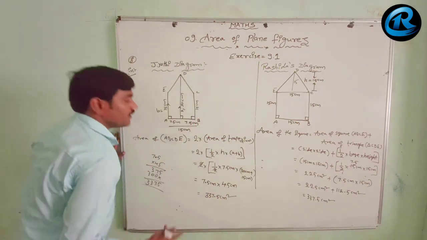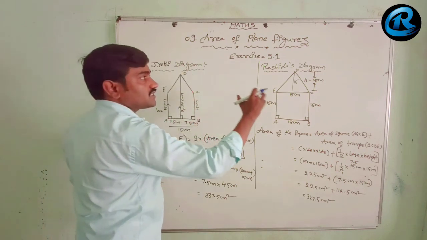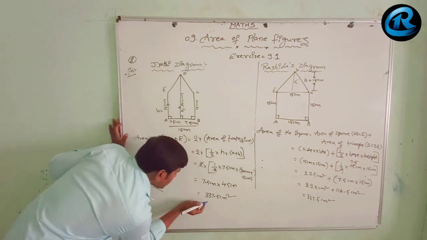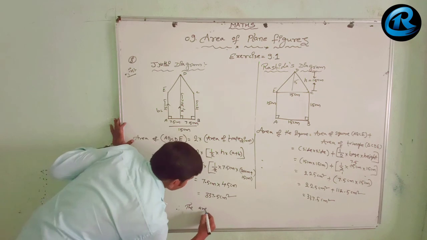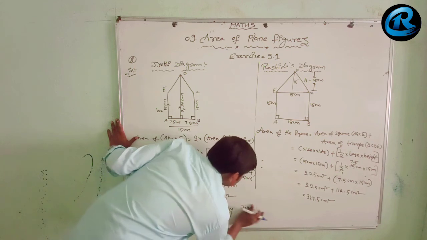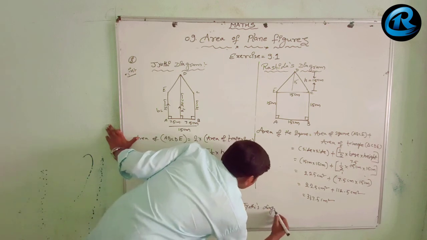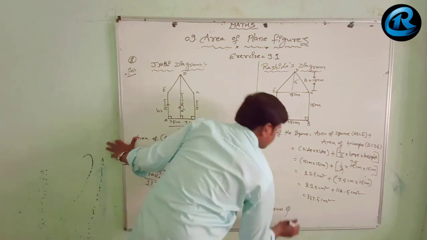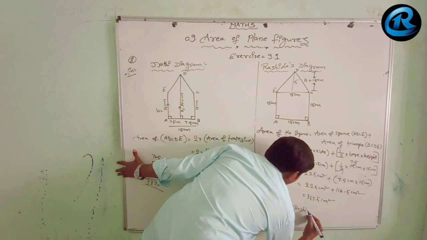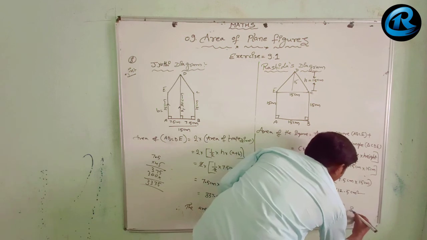The area in both the ways, the area which we got from Jyoti's diagram and Rashida's diagram, is the same.